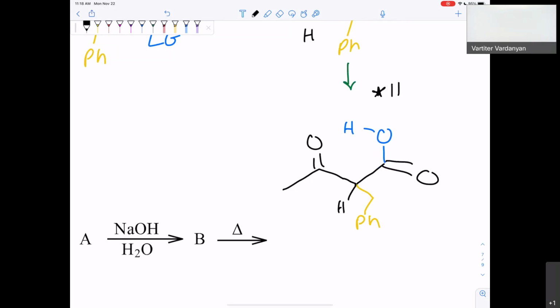So I'm just going to highlight the fact that there's going to be H bonding, and H bonding will be here in green. So we have H bonding and we have heat. So what's going to happen is this double bond is just going to go and steal the hydrogen.